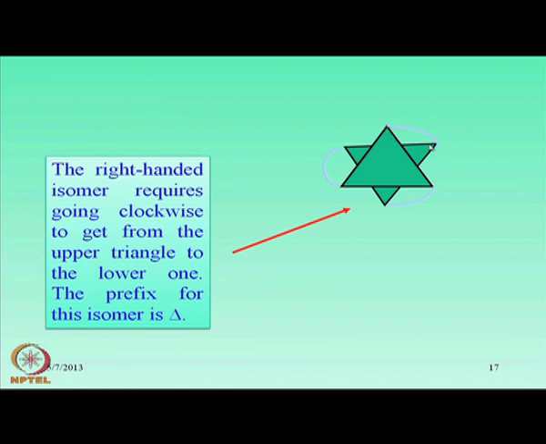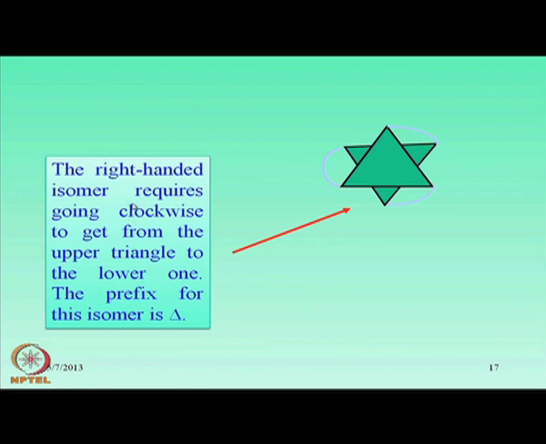Obviously, these two positions are fixed for binding to this particular ethylene diamine molecule, and for doing so we have to move in a clockwise direction. Here to here we can go only through a clockwise direction. Similarly, for the second point of the upper face we move again in a clockwise direction, and the third one is also clockwise.